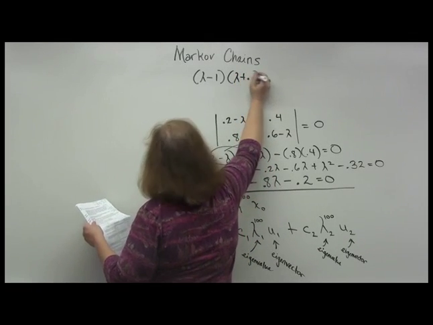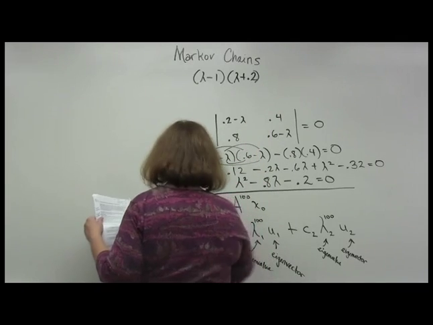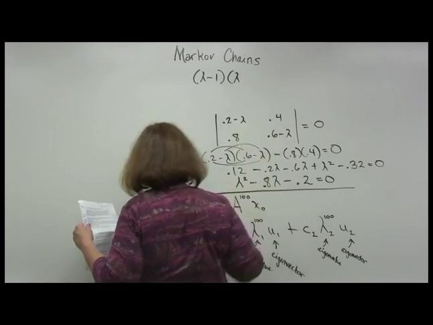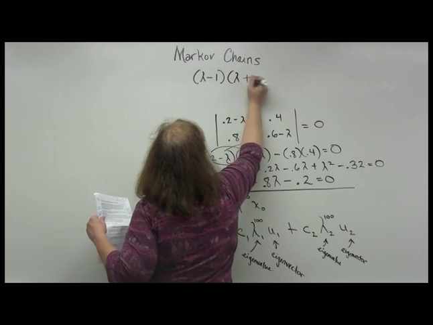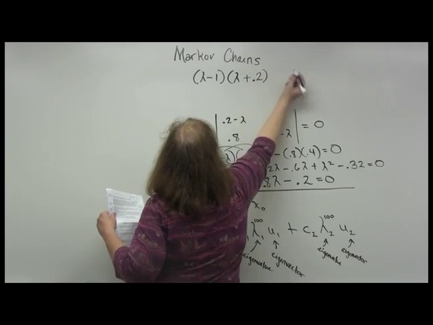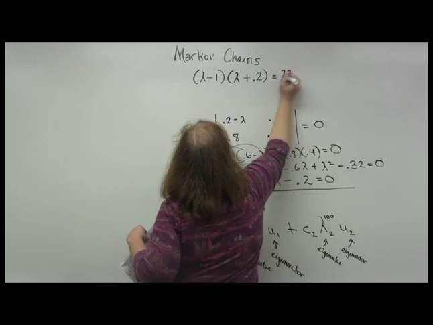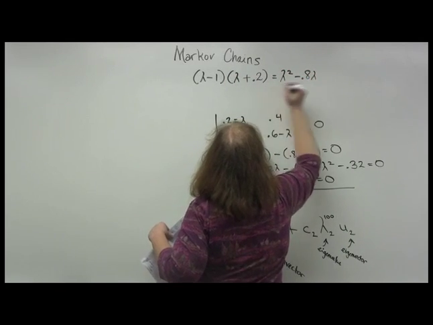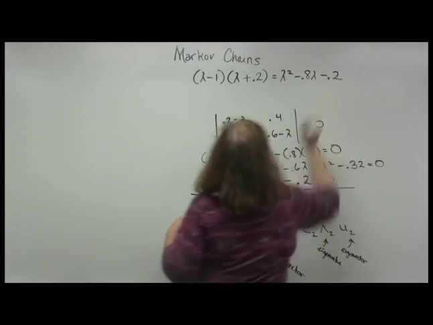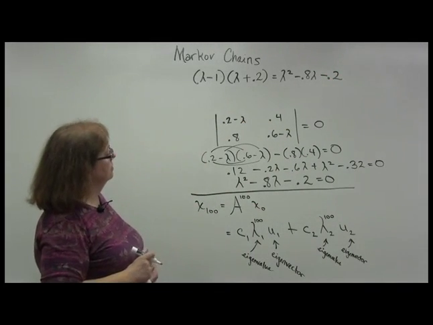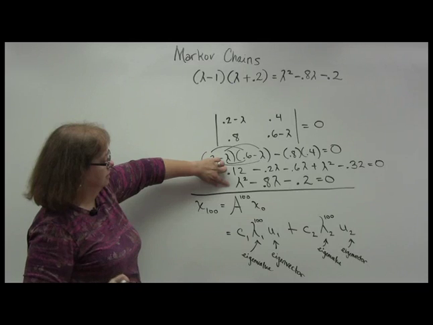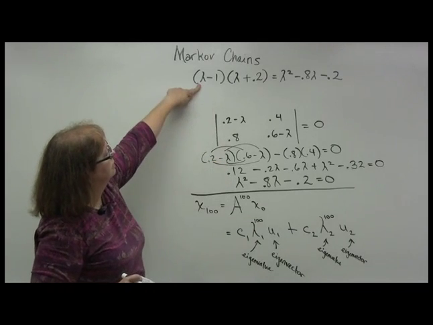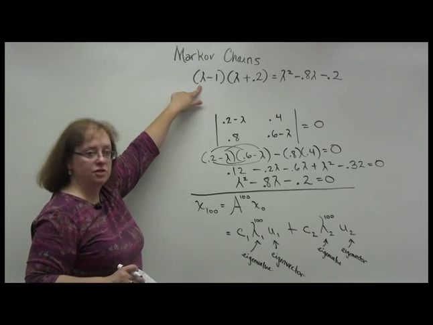But if you do this, you can check to make sure this is really right. You'll see that this lambda squared minus 0.8 lambda minus 0.2 actually factors into lambda minus 1 times lambda plus 0.2.